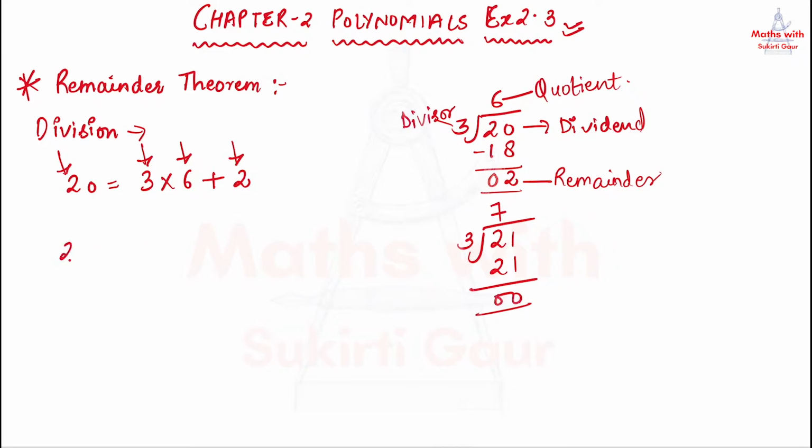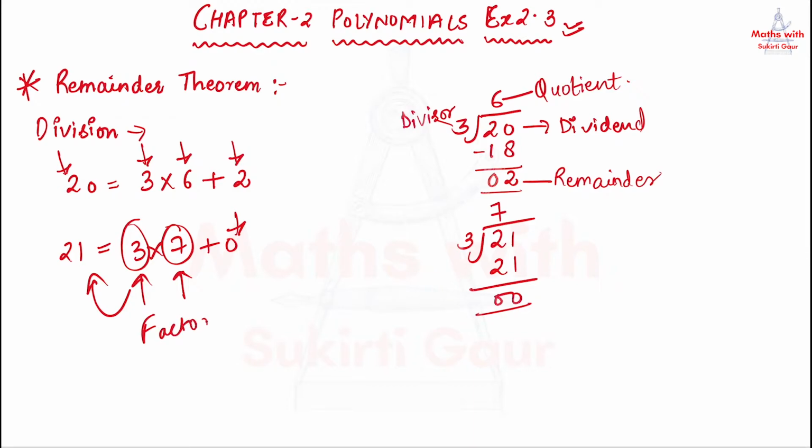Now what happened in this one? 3 times 7 plus 0. Can we say 3 and 7 are its factors? Yes. If we get 0 as remainder, then we can say that 3 and 7 are the factors of 21.